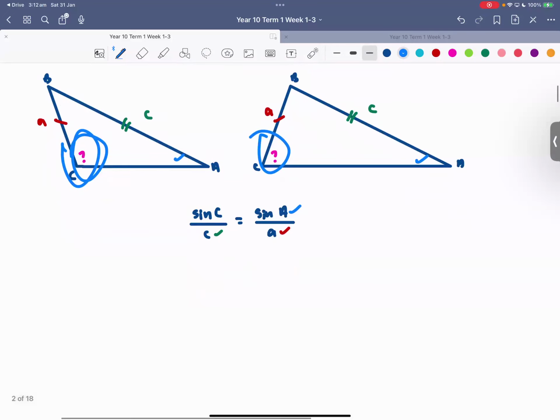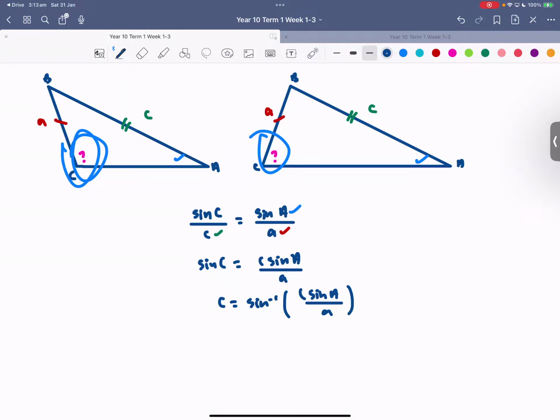Two versions. So what will happen is on your calc, you'll do this. You'll bring the C to the other side. So then you'll write sine C equals C sine A divided by little a. Then you'll write inverse sine, and you'll do C sine A divided by A. But here's the thing. How many answers will your calculator spit out? When you do inverse sine of something on your calculator, how many answers does it give you?